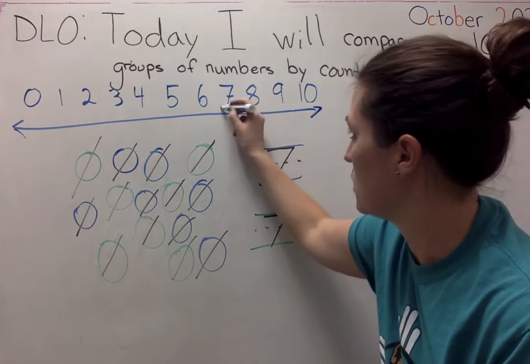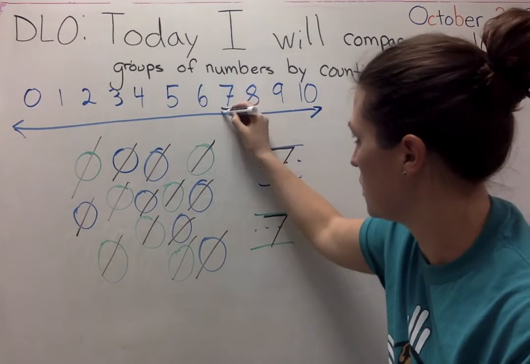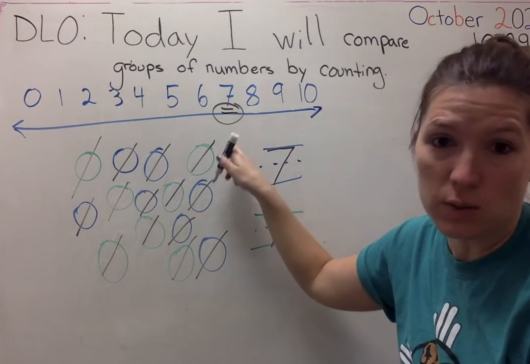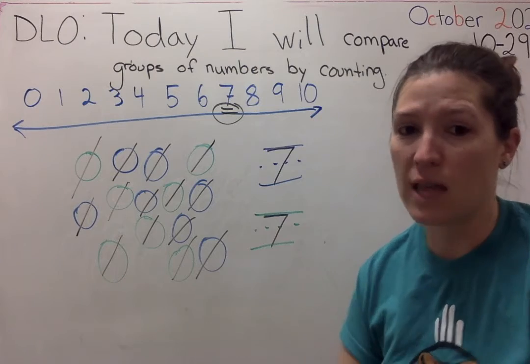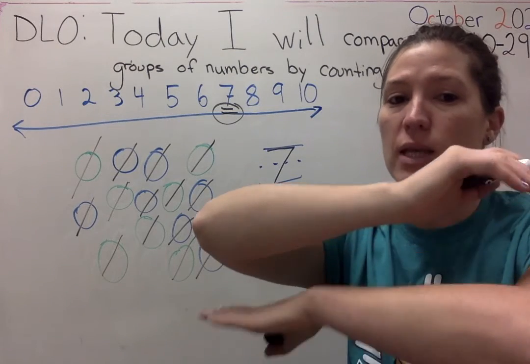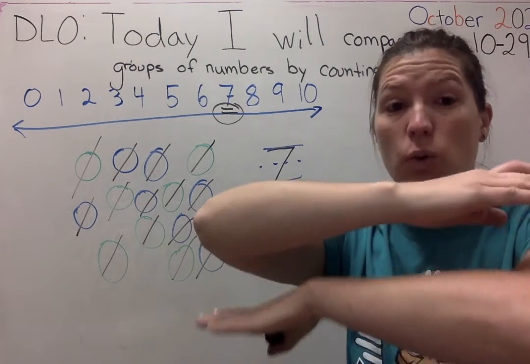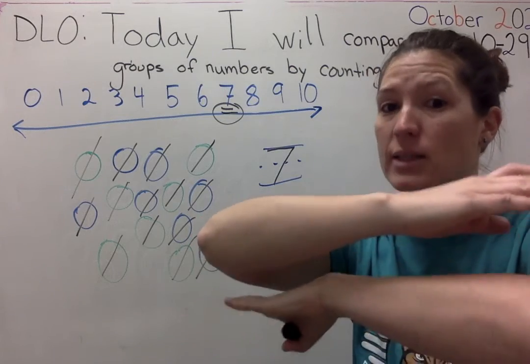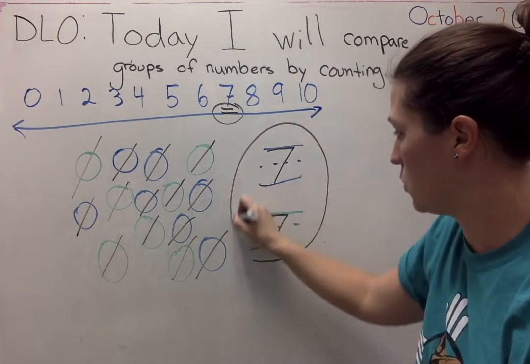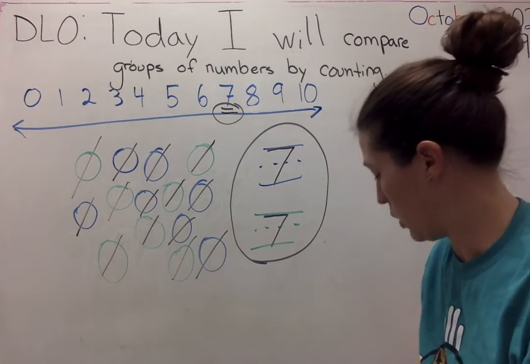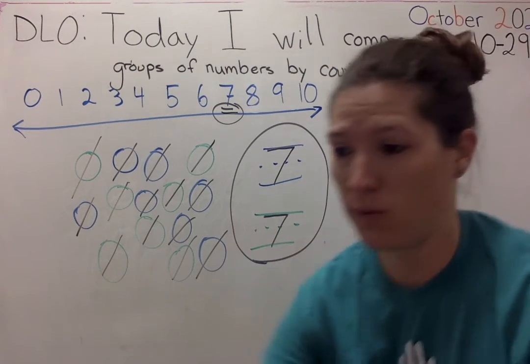7 is here. 7 is here. Look, I made an equal sign because they're both on 7. They're both the number 7. If they're the same, put your equals up. Say equals. Equal means the same. These are the same number and they're equal, so I'm going to put a loop around both of them.